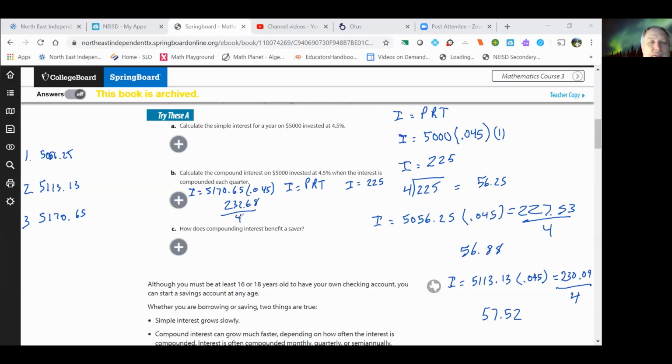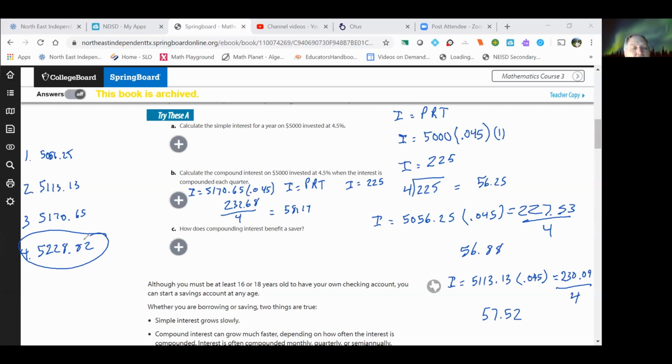We get 58.17, and I add that to the previous principal to get my balance at the end of 4 quarters, 5,228.82. So our balance at the end of 1 year, when we're compounding quarterly on $5,000 at 4.5%, is $5,228.82.